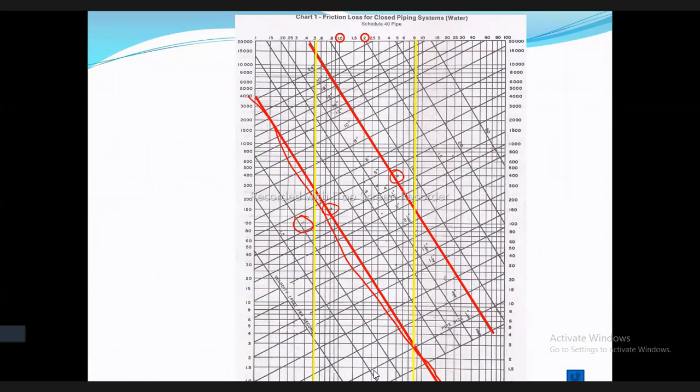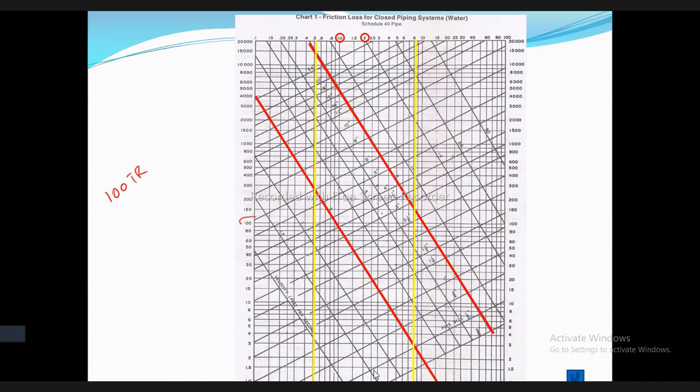The lower friction can be 0.5, the highest friction can be 8. So I have marked these 4 lines. Clear?